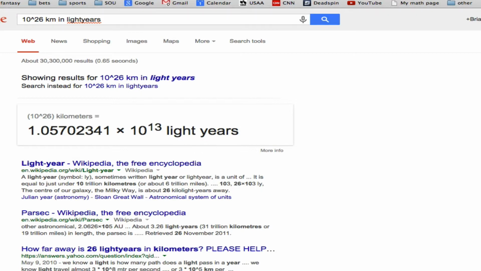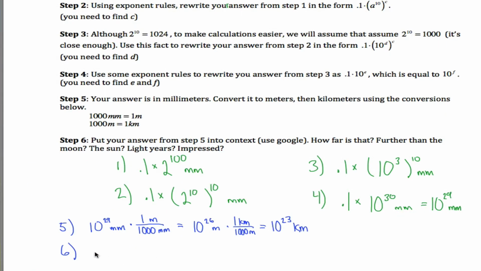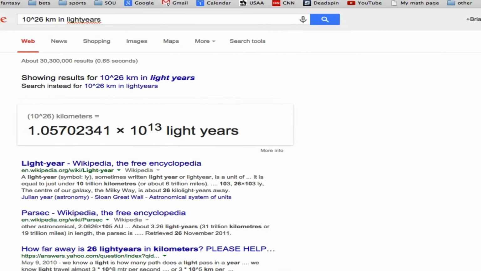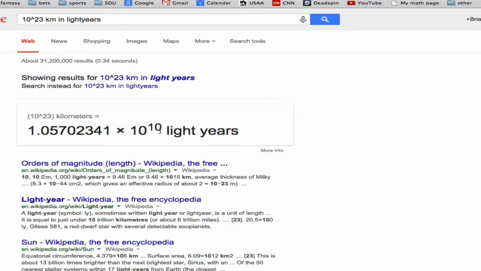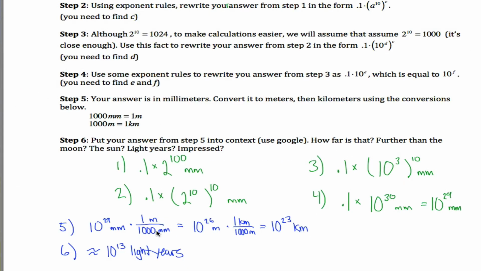Wow, it's a lot of light years. Did I write the right thing in here? Oh, I was supposed to do 10 to the 23rd. 10 to the 23rd kilometers is 10 to the 10th power light years, roughly speaking.